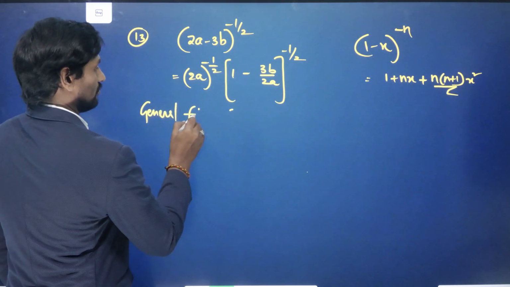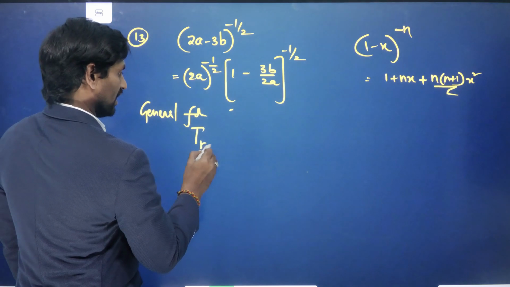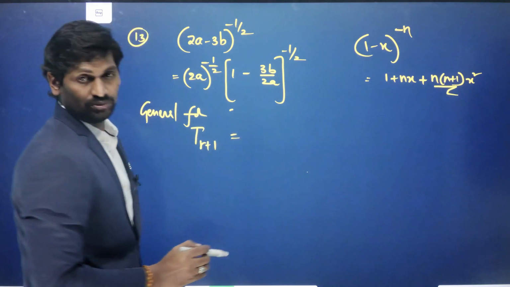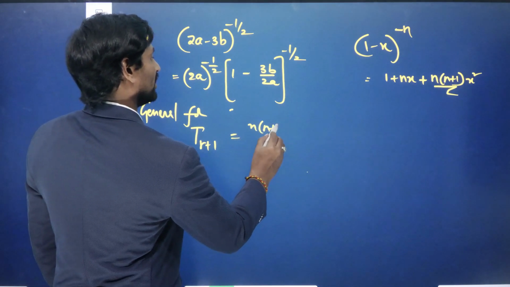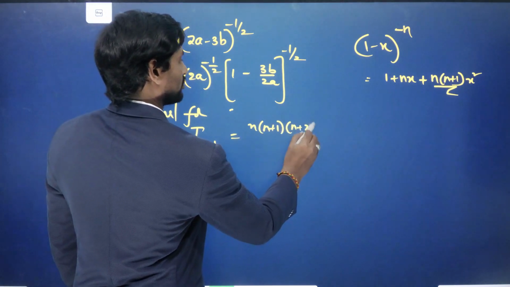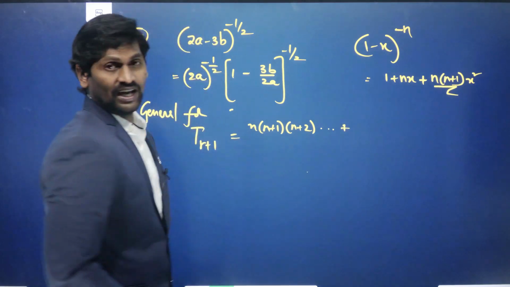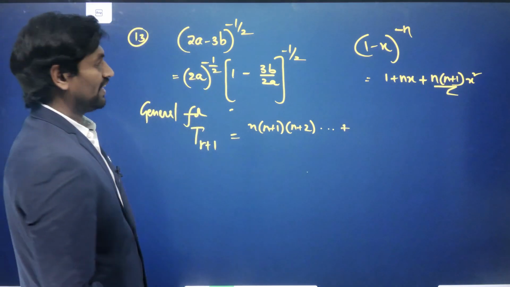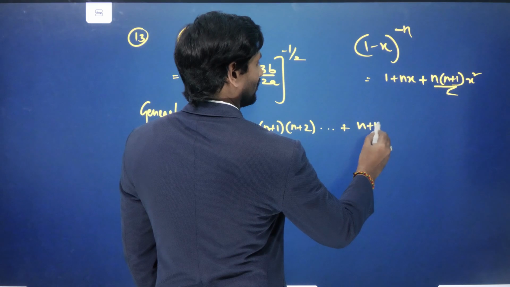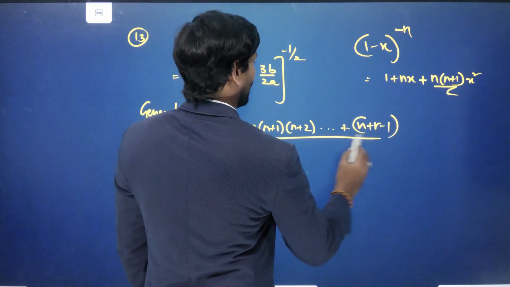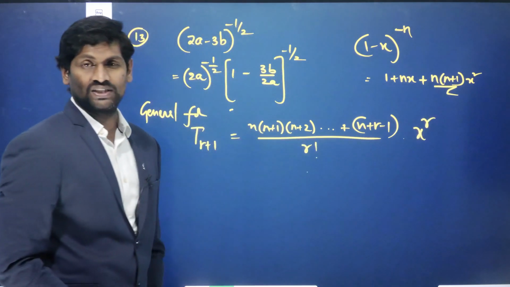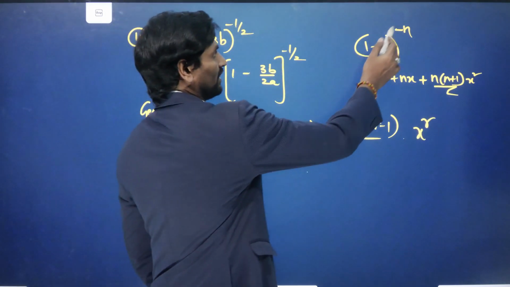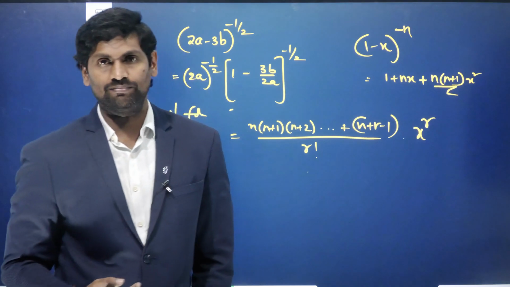General form: t r plus 1 equals n into (n plus 1) into (n plus 2) and so on, up to n into (n plus r minus 1) by r factorial into x power r. This is the general form, because both are minus terms, so all will be in increasing order.